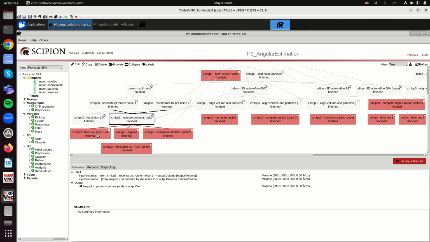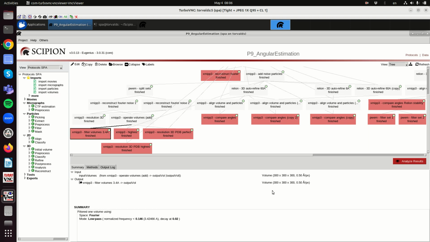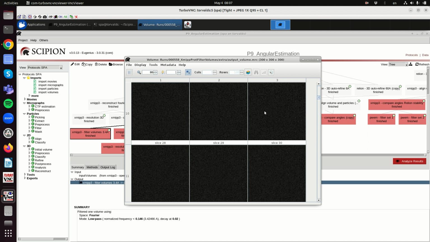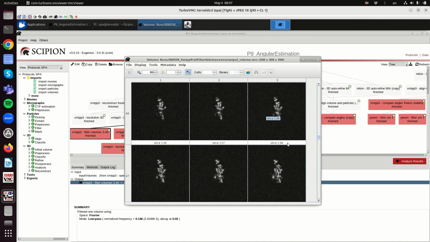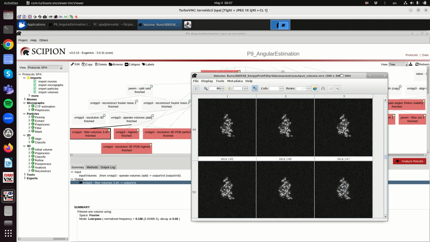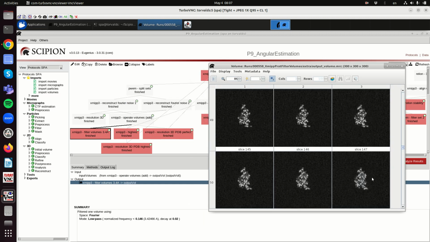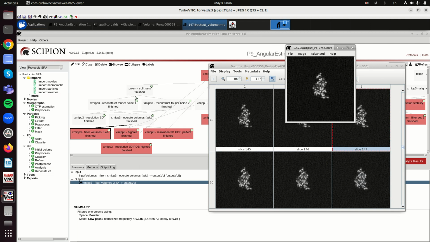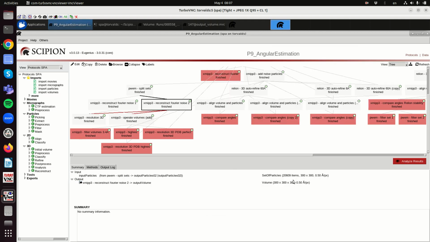filter at 3.4 angstroms, and this is how we are used to looking at our structures. We estimate the resolution of our structures, and then we filter at that resolution, and you can see the difference between these slices and the corresponding slices in any one of the individual reconstructions alone.